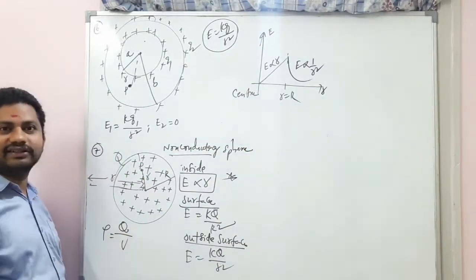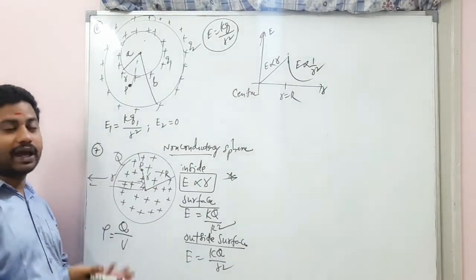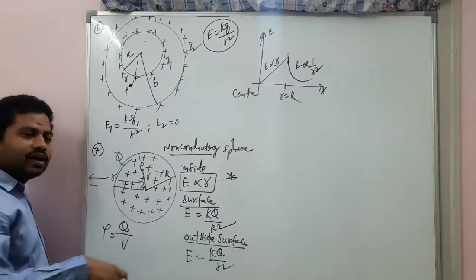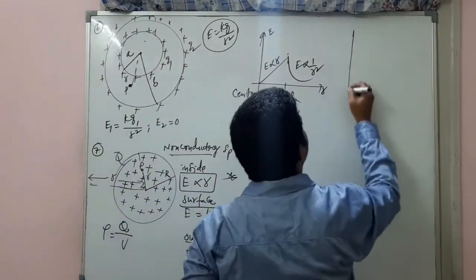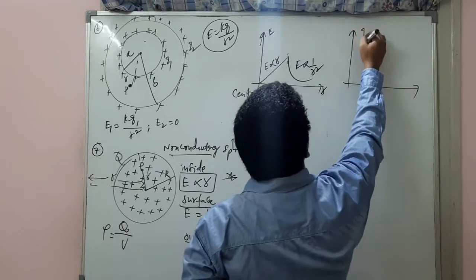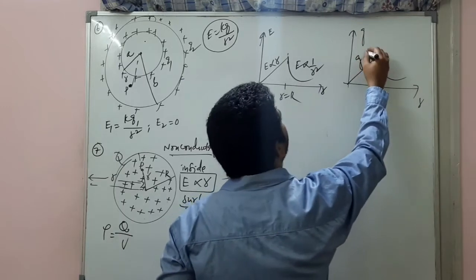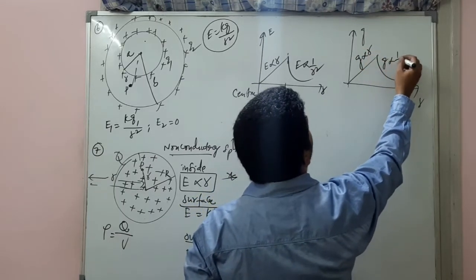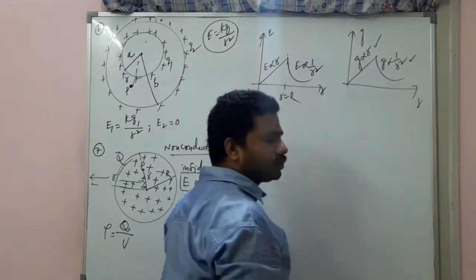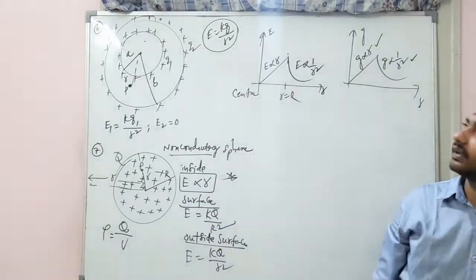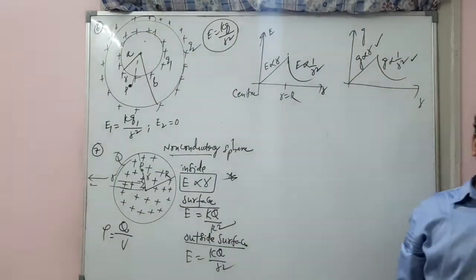Earth you cannot consider as a shell or a hollow sphere; this is a solid sphere. So you get the acceleration due to gravity, small g and small r graph exactly the same. Small g is directly proportional to r inside, and inversely proportional to r square outside. Exactly the similar graph you get. Clear? That we'll be discussing in the gravitation chapter.